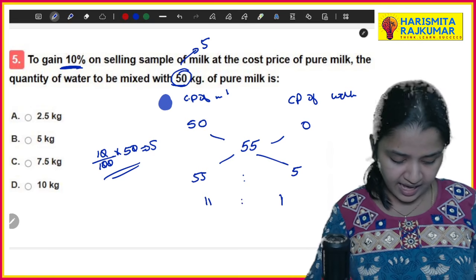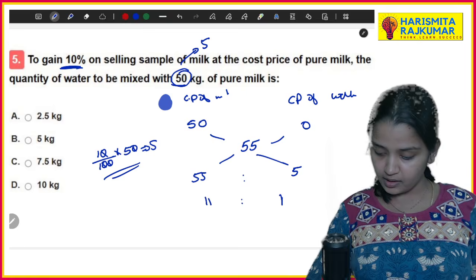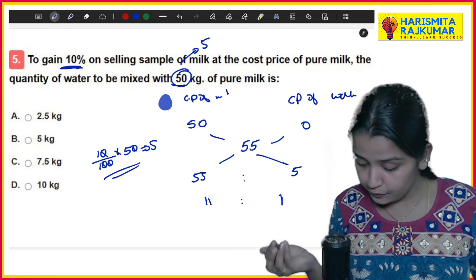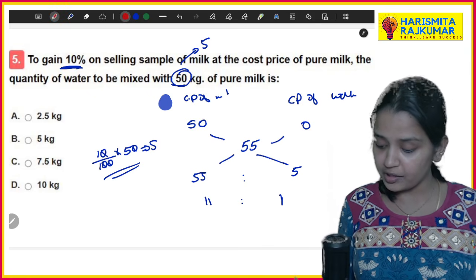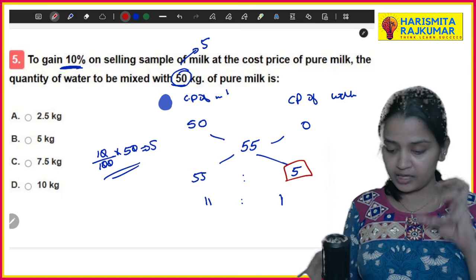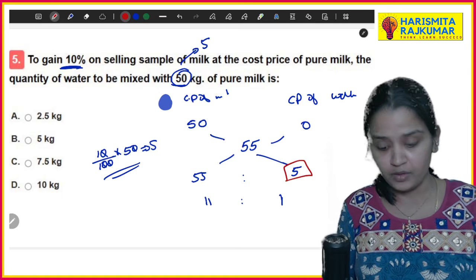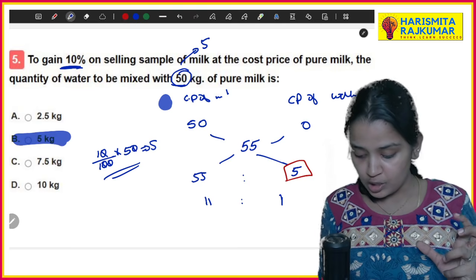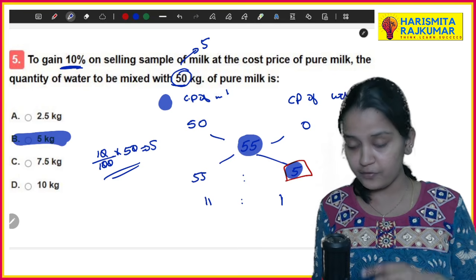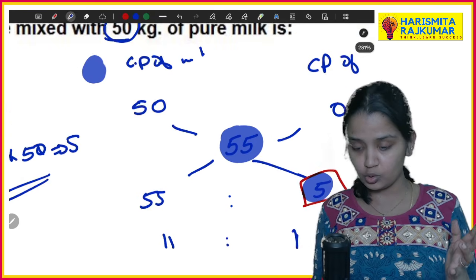So basically I can conclude that to get 55, I'm adding 5 kg of water. So my answer is 5 kg of water. Are you clear?